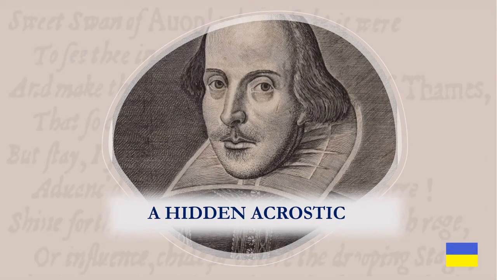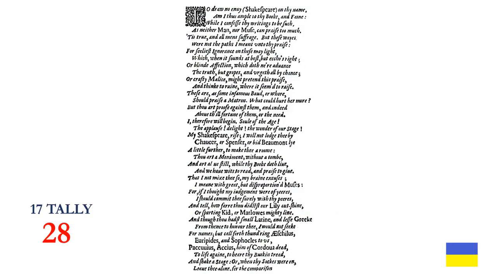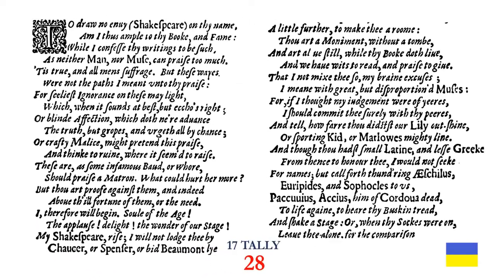Now we present a hidden acrostic. While I was reading the poem and going through it bit by bit and understanding how Jonson was using numbers to associate the name with the number 17, I asked myself whether or not we could find more evidence of that in the poem. I found it on page 1.